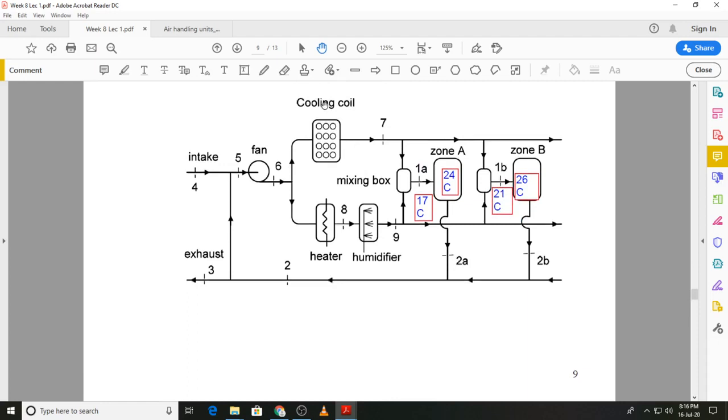The air coming from the cooling coil, again I need to give some numbers.